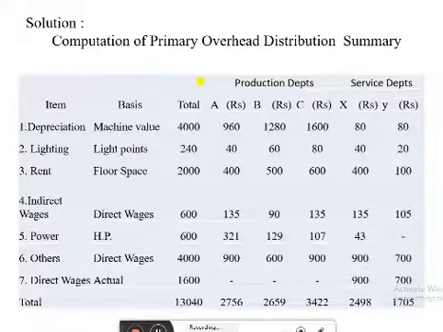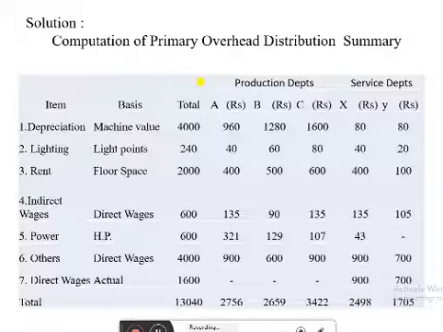Next is indirect wages. Indirect wages have to be allocated on the basis of direct wages. The total amount is 600, divided according to the ratio, that is 135, 90, 135, 135 and 105. And next is power.